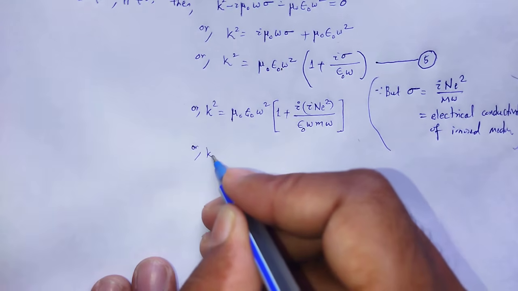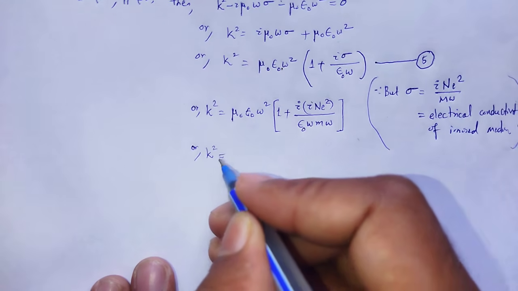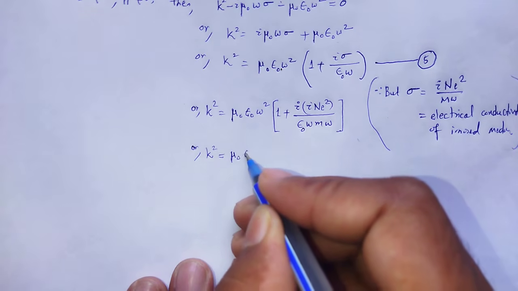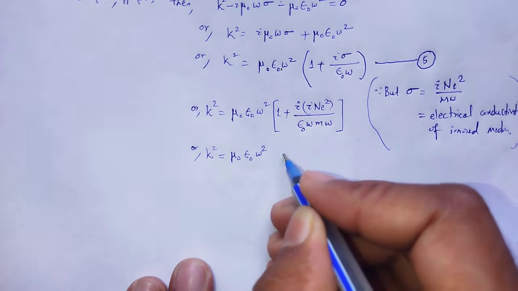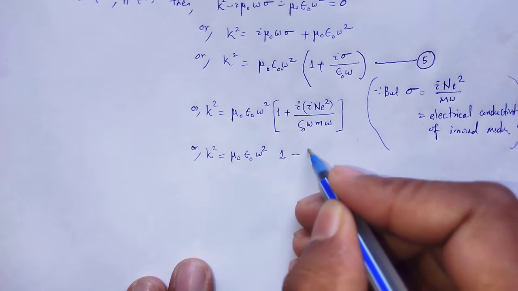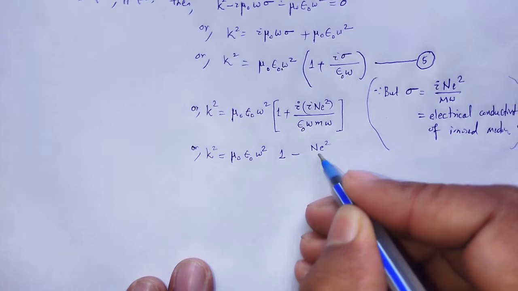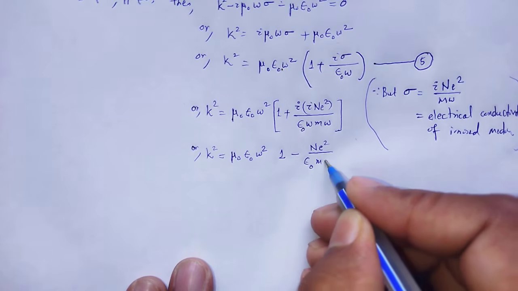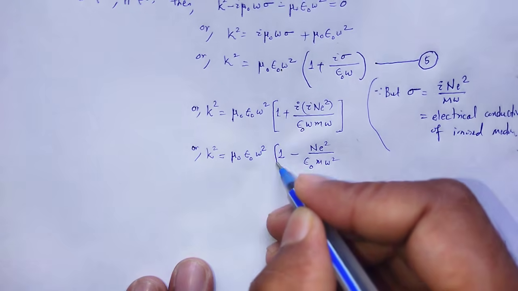Or k square is equal to mu naught epsilon naught omega square into 1 (i square is minus 1) minus n e square divided by epsilon naught m omega square.